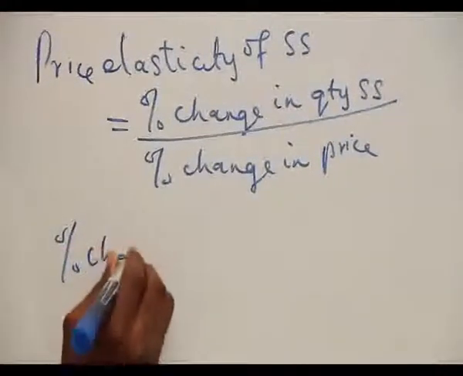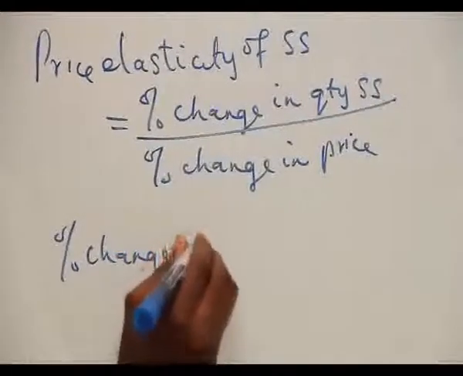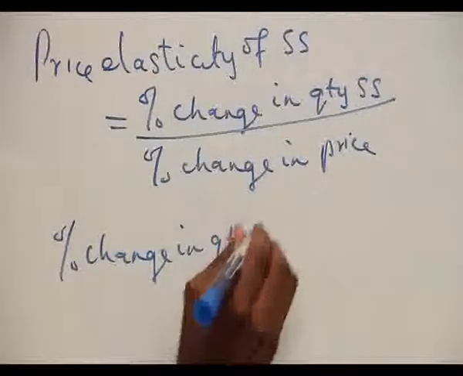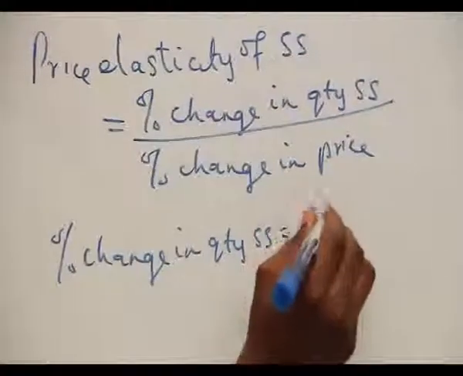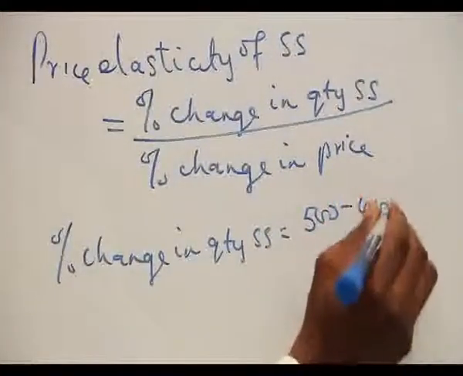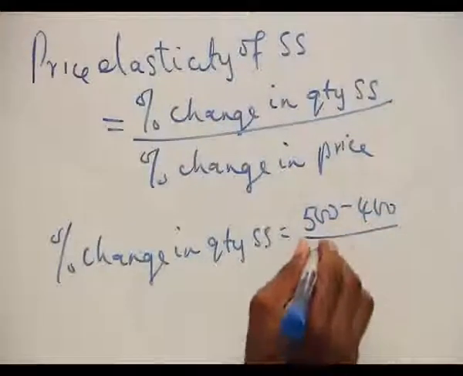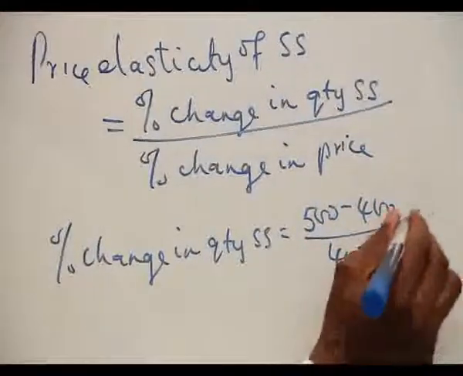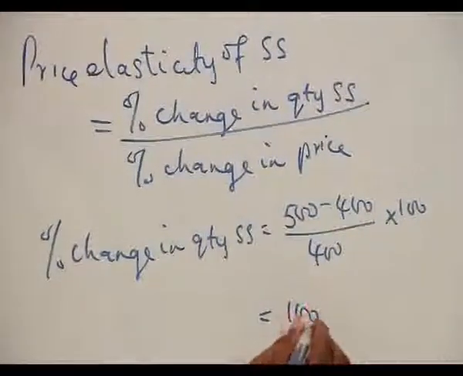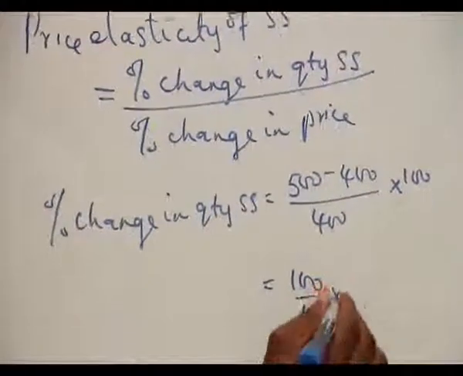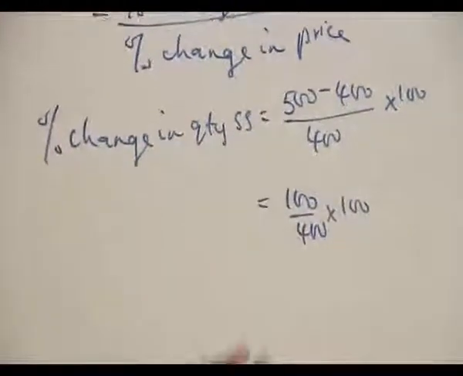Percentage change in quantity supplied equals 500 minus 400 divided by 400 times 100. Where we have 100 over 400 times 100.